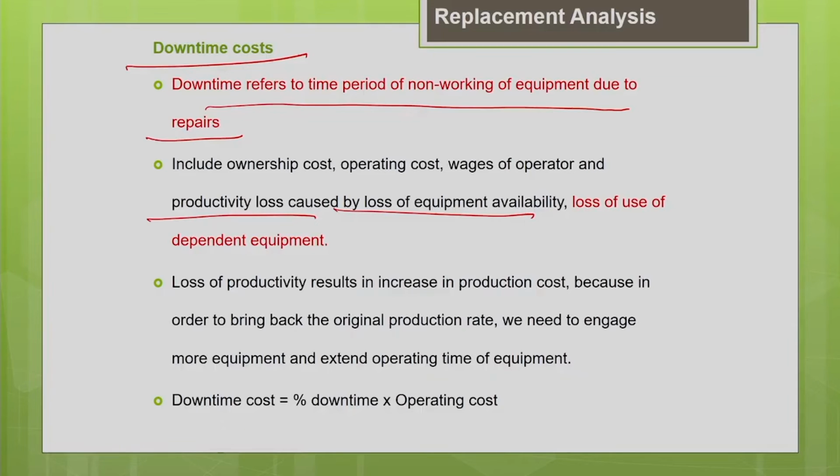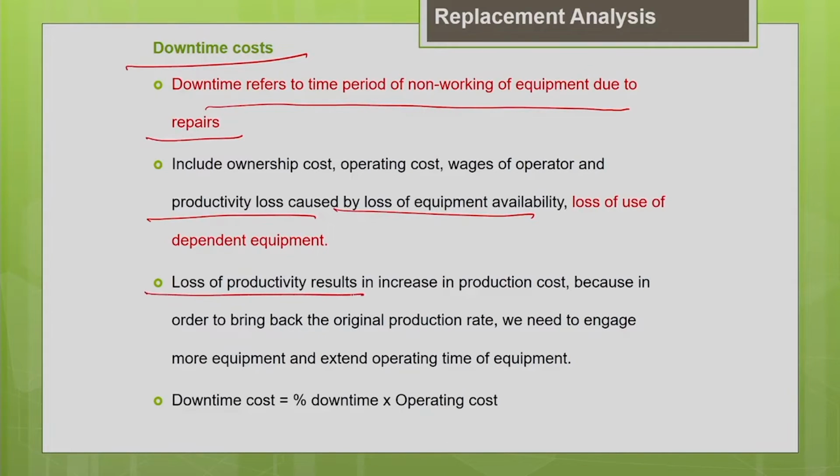So what we have to do is increase the number of operating hours, extend the working hours, hire more labor, or even employ more machines, so that I can bring back my productivity to the original level. For that I have to incur some additional cost. That cost is taken under the loss of productivity.